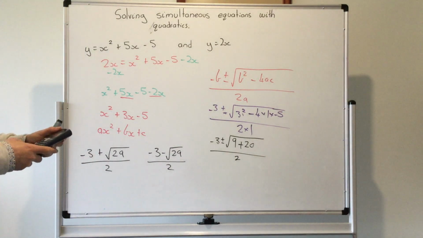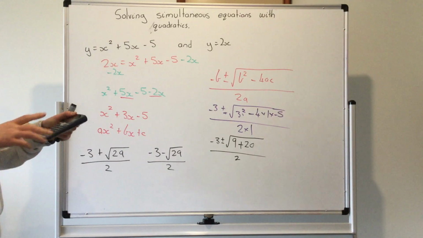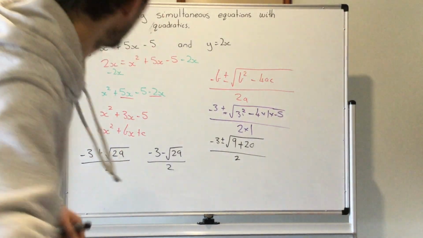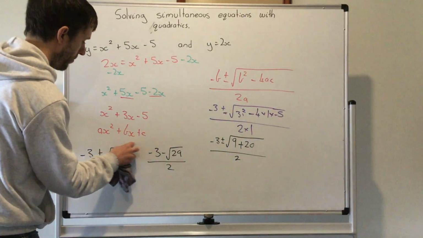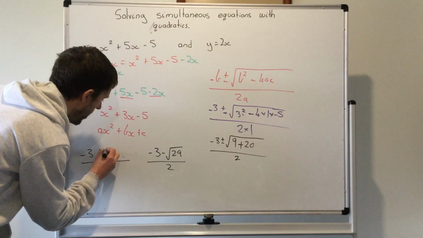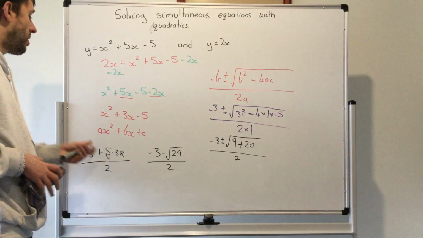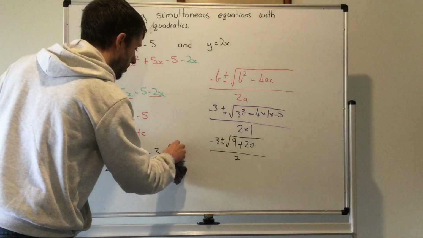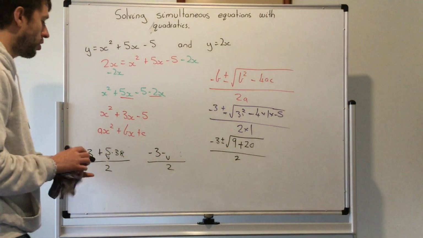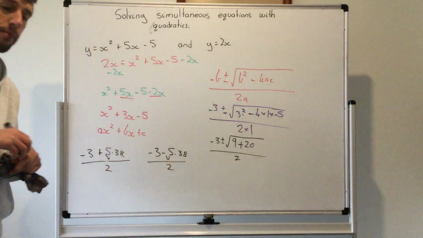If you wanted to, you can use the decimal of square root of 29, which is 5.38. I'm going to do that. If you want an exact answer, then use the square root, but I'm not too fussed about having exact with my answer, 5.38.